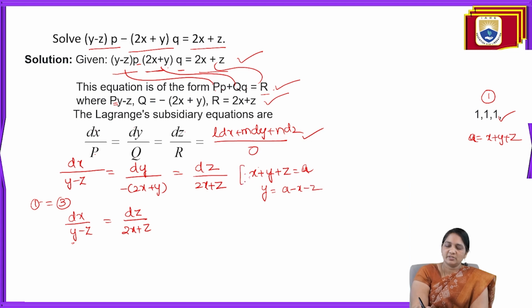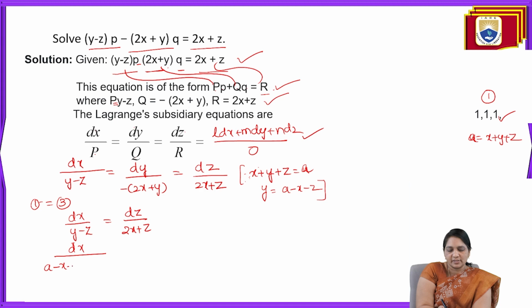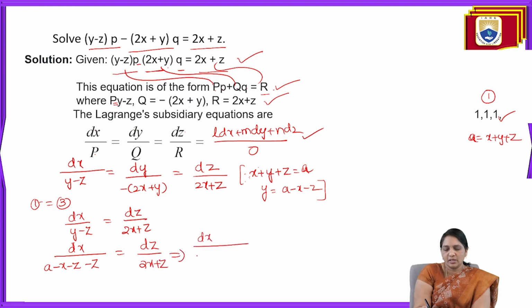So I'm going to replace this value in the first member. So dx by, what is the y value? a minus x minus z, here minus z, equal to dz by 2x plus z. So from this I am going to get dx by a minus x minus 2z equal to dz by 2x plus z.